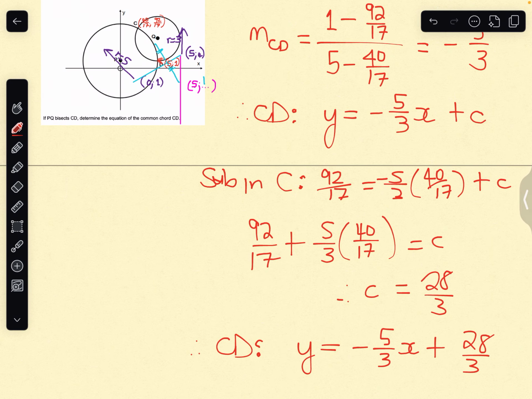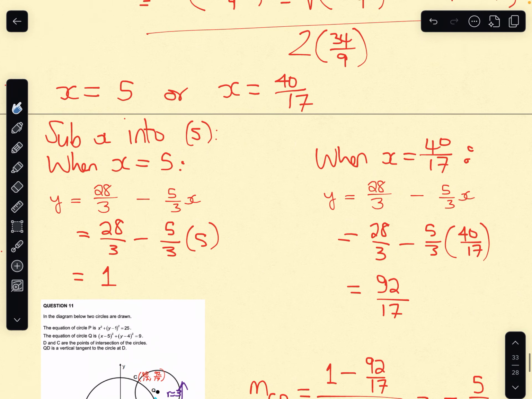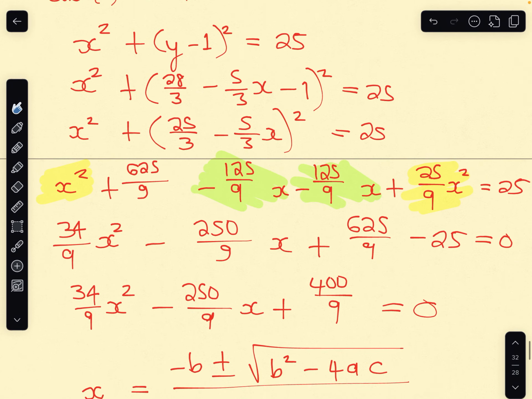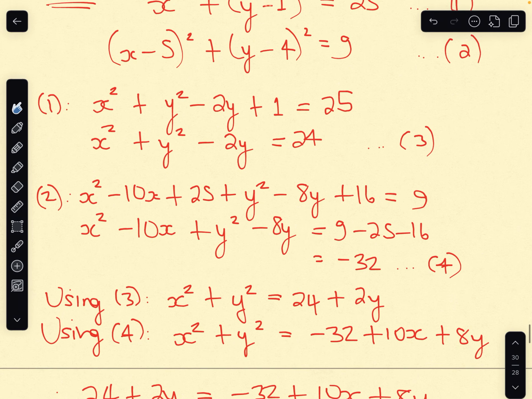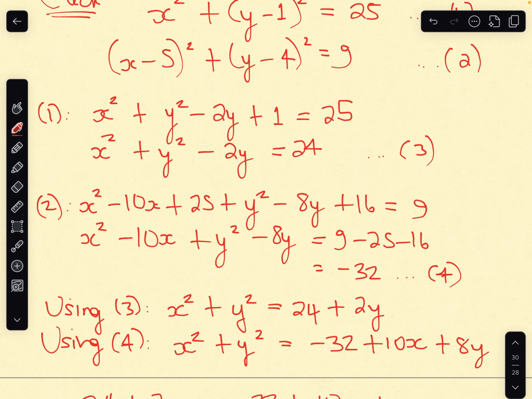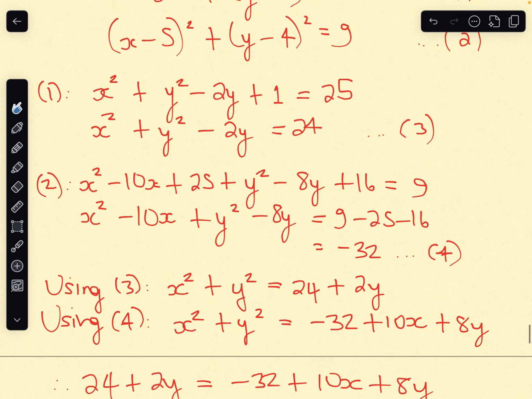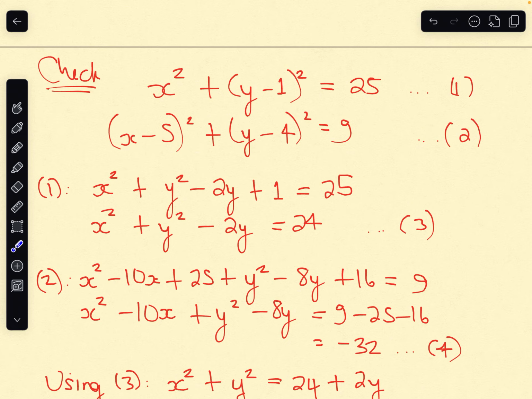So that's what I would do if I had time in the exam to go through my answers. And this little nifty trick to find the point of intersection between two circles, where we expand each and then isolate the x squared plus y squared in order to equate these two, and then express the one variable in terms of the other, and then use that to replace it in either of the original equations.